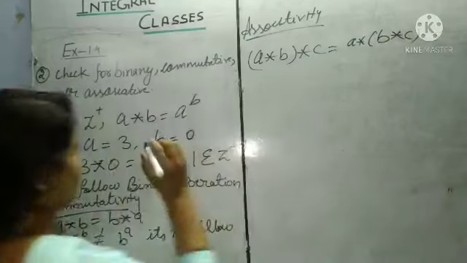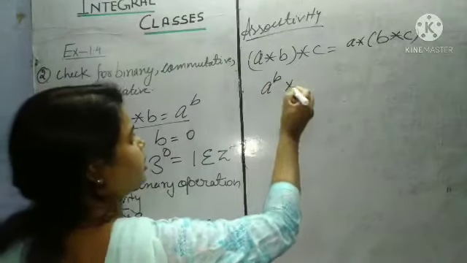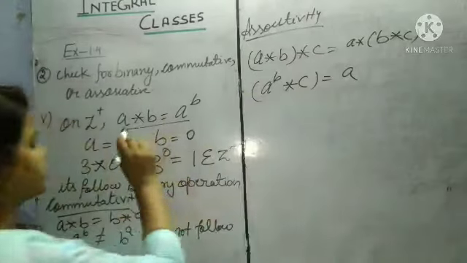Now A star B equals what? A exponent B, and star C. Now B star C is what?